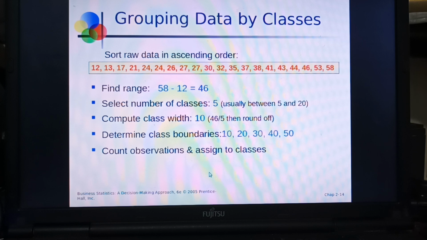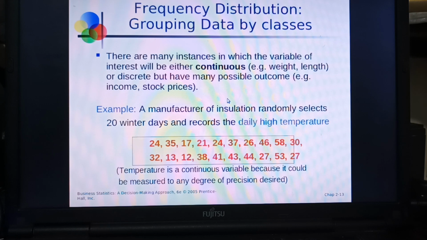Now, still grouping data by classes. Sort raw data in ascending order. Katong yan temperature kaganiha, this temperature that they obtained for 20 winter days were not sorted.